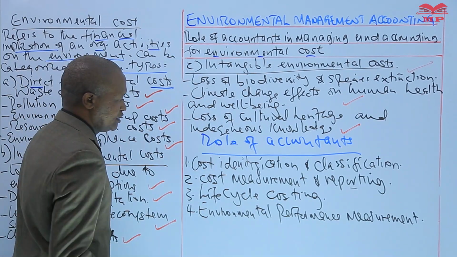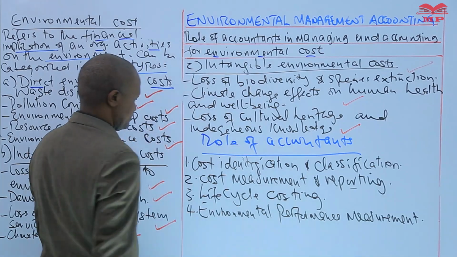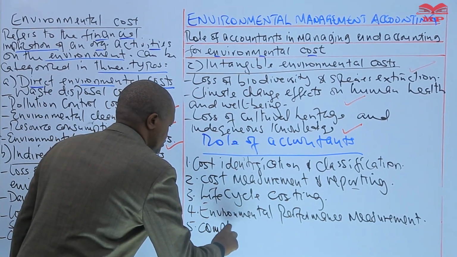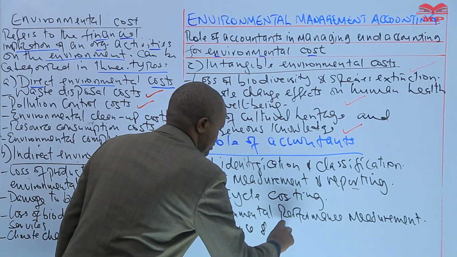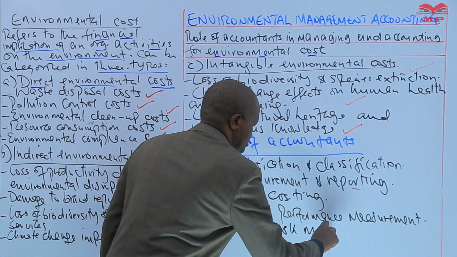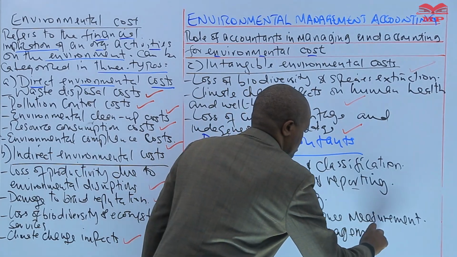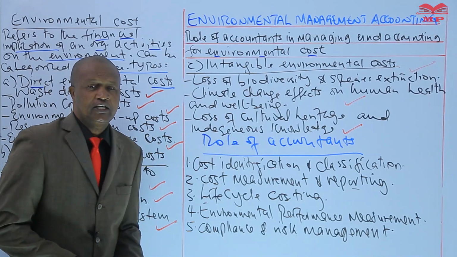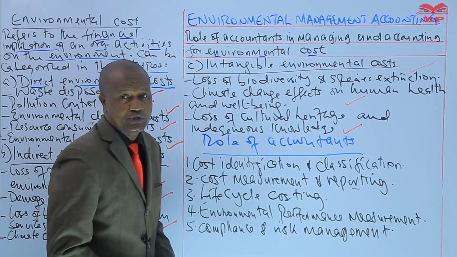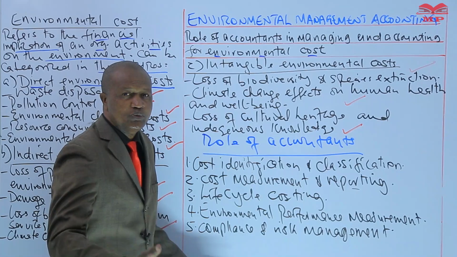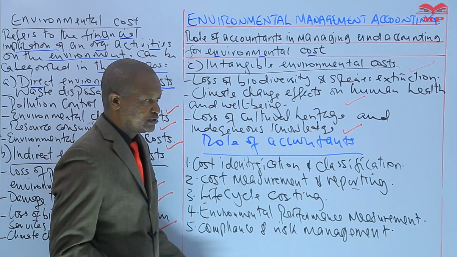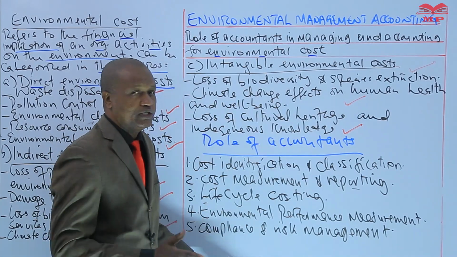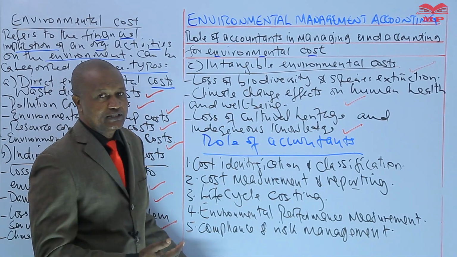They help measure environmental performance. Number 5, compliance and risk management. Here, candidates, the accountants ensure compliance with environmental regulations by monitoring and managing risks associated with non-compliance.